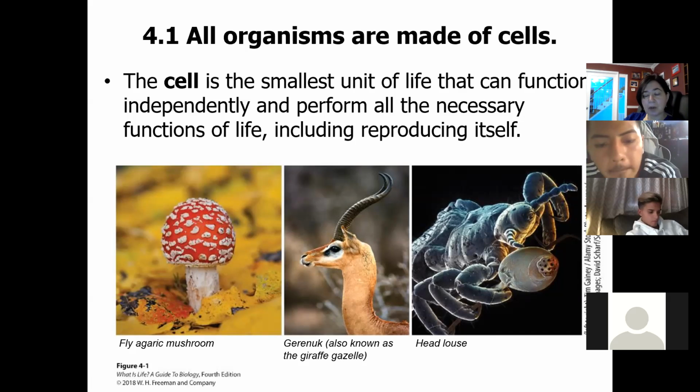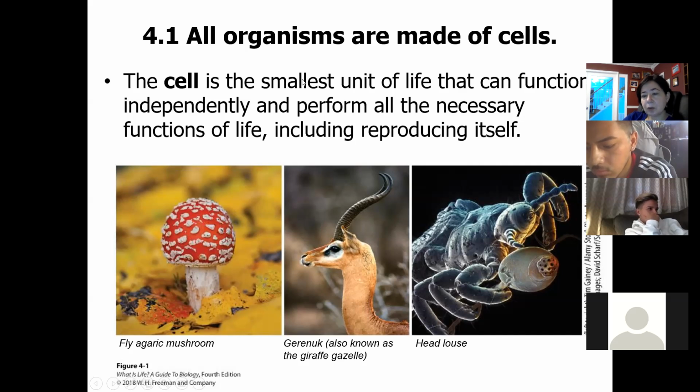It can perform all life functions, carry out metabolism and energy production pretty much on its own. And cells come from pre-existing cells, right? You can't put a bunch of molecules in a test tube, do some magic, and create a cell. No, cells come from pre-existing cells.